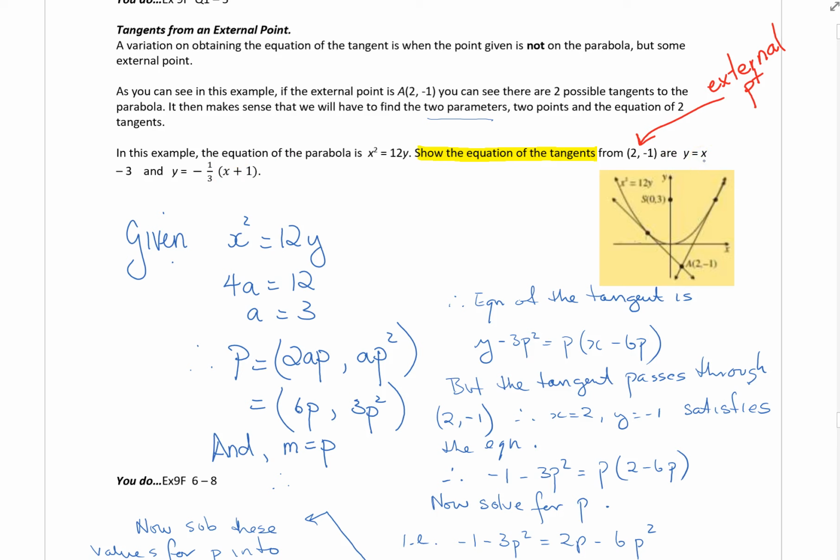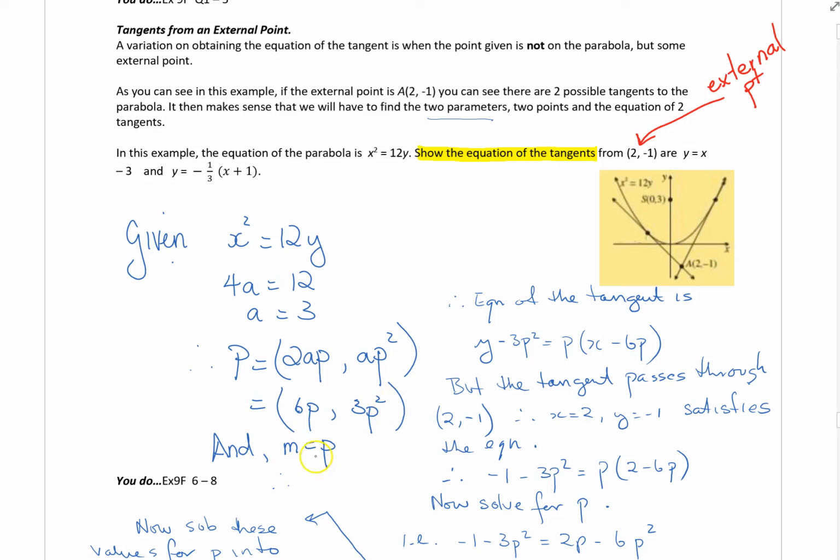Now, as you can see, I've written out the full solution, and I've started right at the very, very beginning. I've said that x squared is 12y, 4a is 12, a is equal to 3. My point then becomes P, which is always of the form 2AP, AP squared, so subbing the 3 in, 6p and 3p squared.